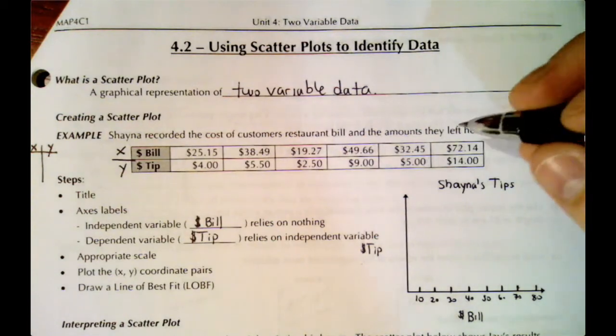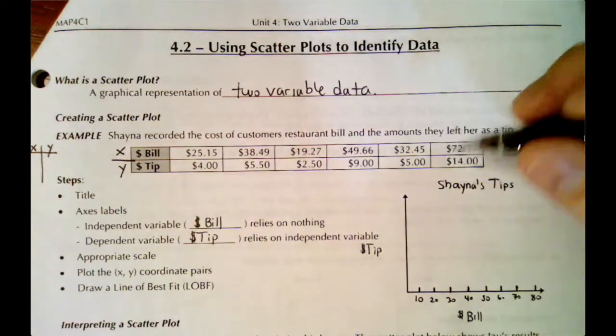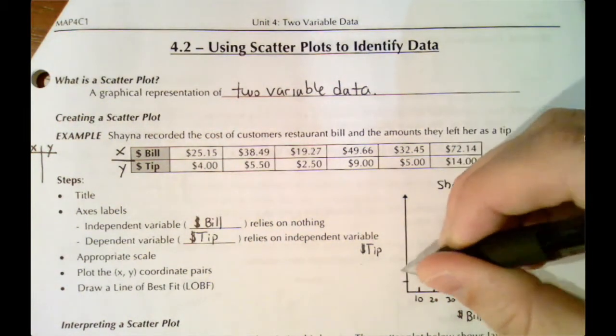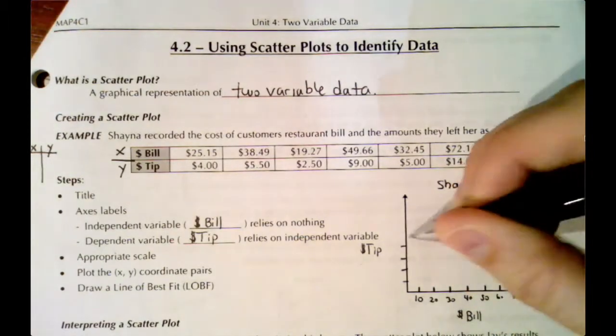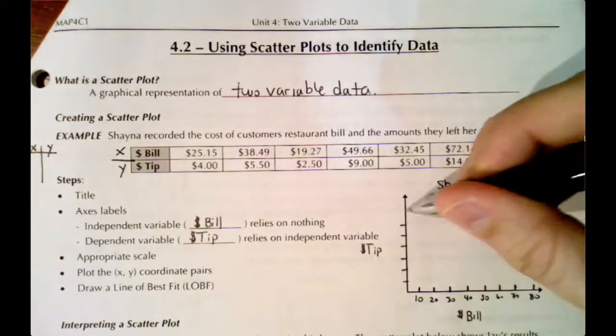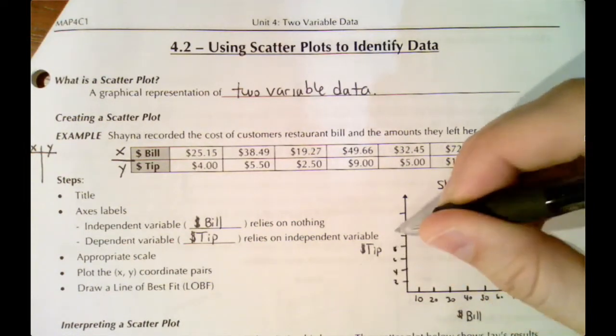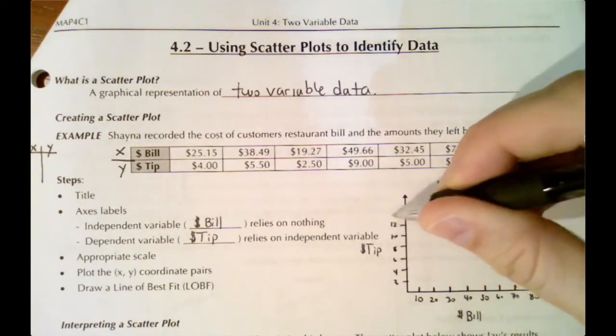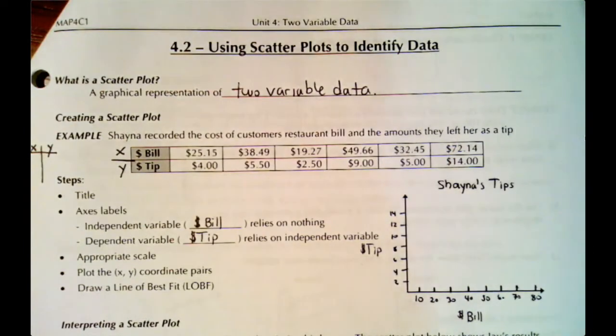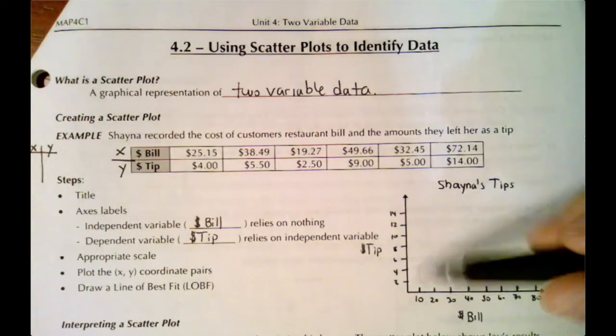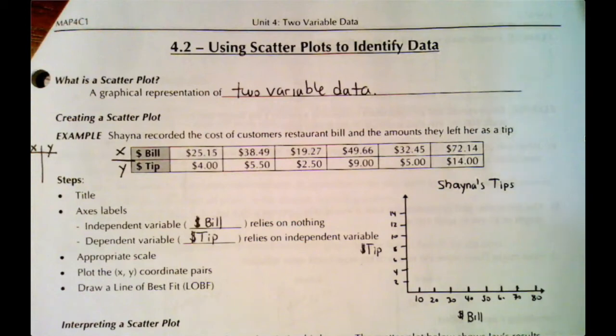Let's do a scale. Let's go up by twos. 2, 4, 6, 8, 10, 12, 14. Is there a reason why I did the ticks on the inside on this one and outside on this one? No, there's not. Realistically, the ticks should probably be on the outside. I don't know why I did them on the inside.